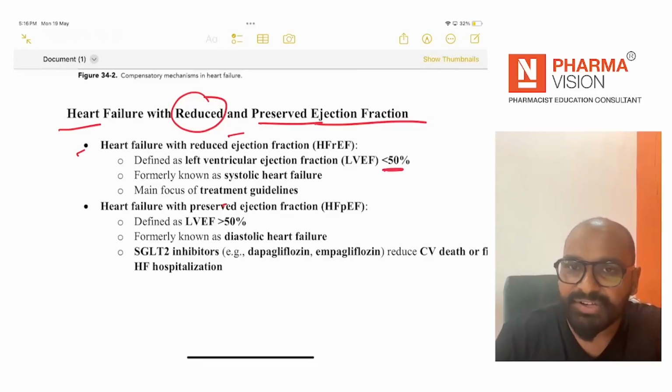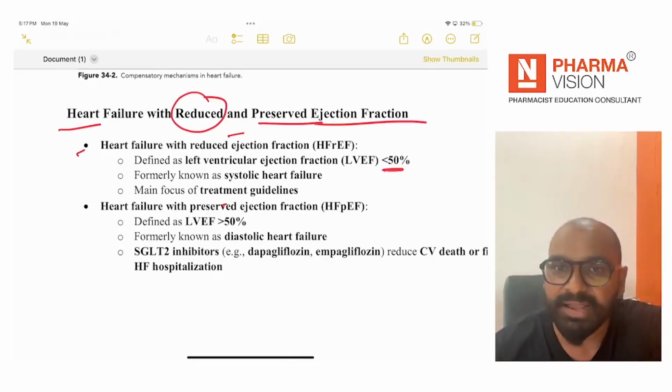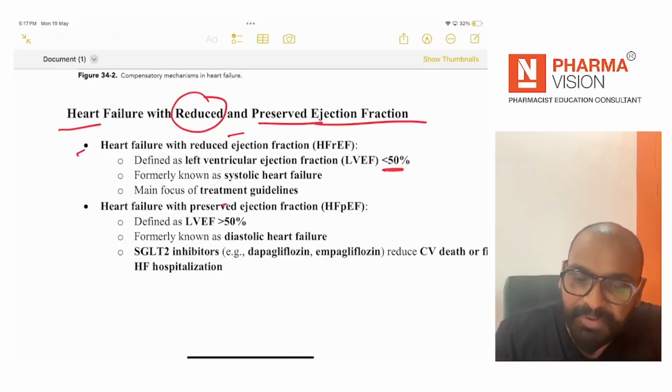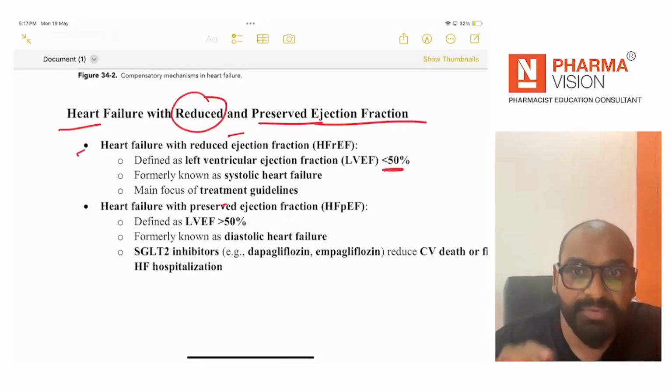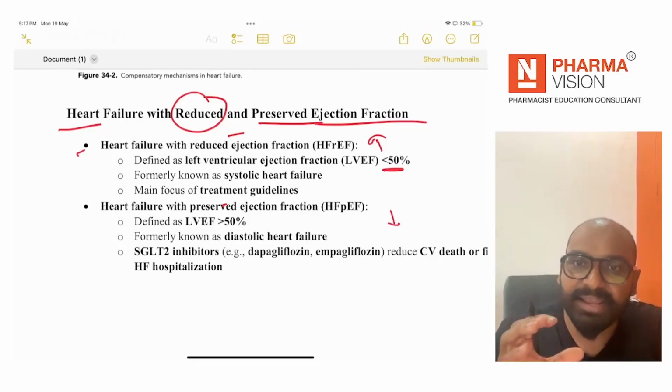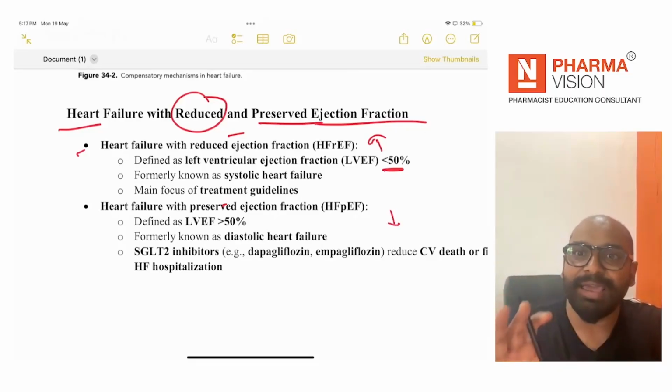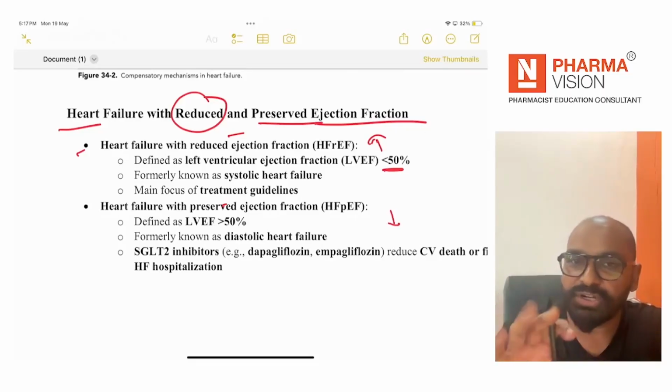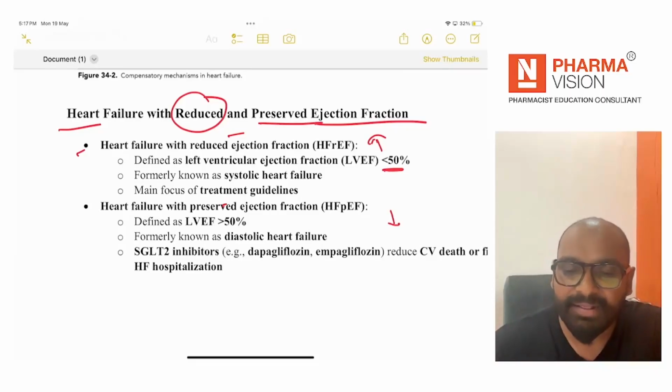Left ventricular ejection fraction is less than 50% or more than 50%. If it's less than 50%, that means that is a severe condition. Okay, and if it's more than 50%, that means the myocardial muscles still have the capability of contraction and good functionality is there.